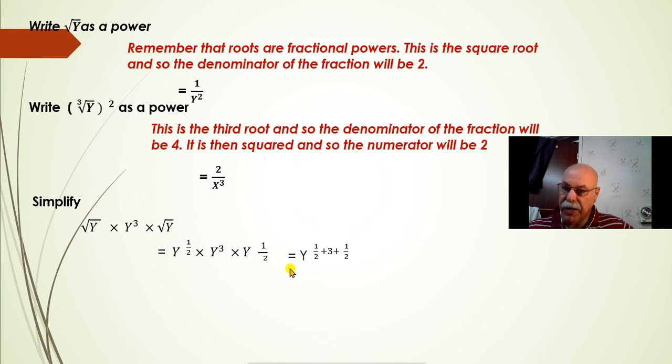So y stays the same here. With multiplication we return to the first rule: we add the powers, half plus 3 plus half. Half plus half is 1, plus 3 is 4. You see, y power 4. That's why y power 4.